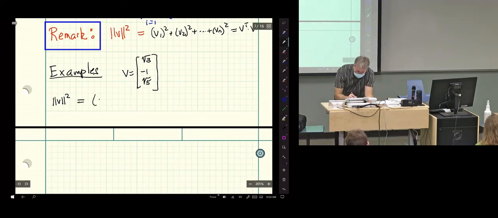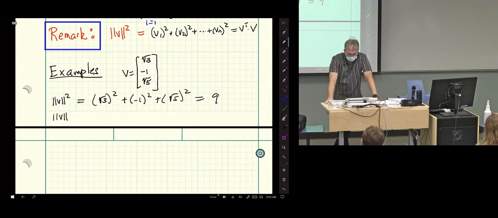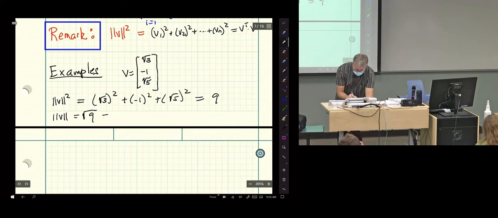So I'll do 3 squared, minus 1 squared, 5 squared. So I get 3 plus 1 is 4, plus 5 is 9. I'll let you catch up. So then the norm is the square root of 9, which is 3. Yay.